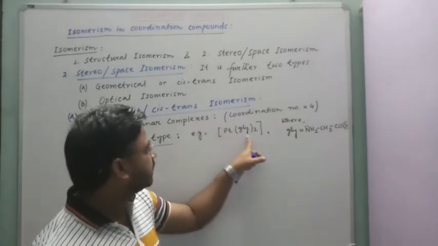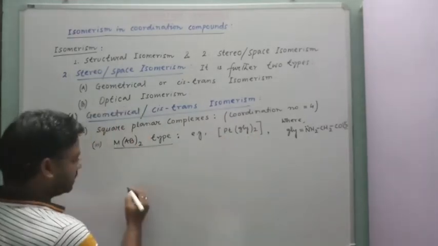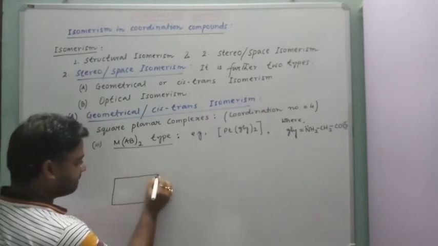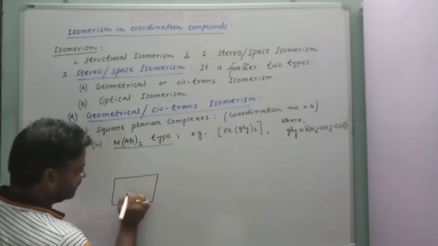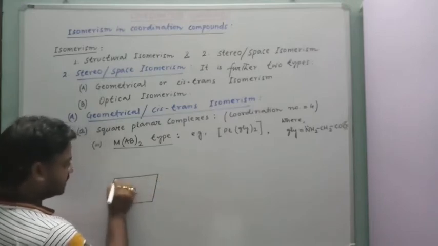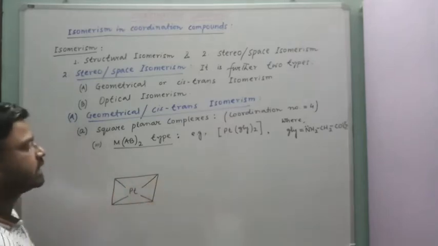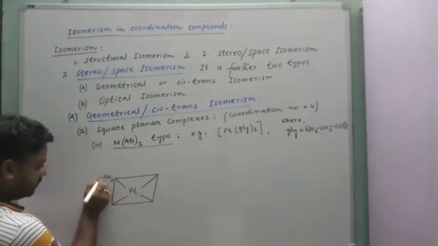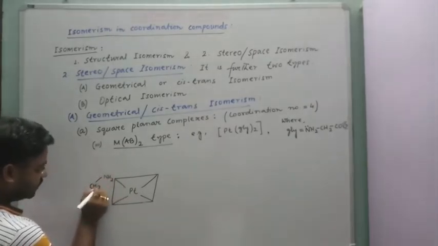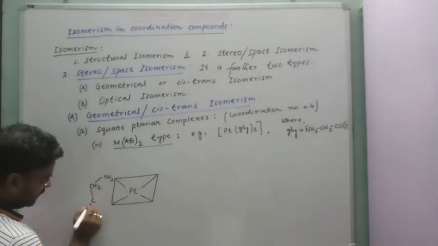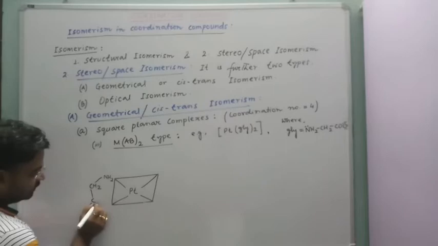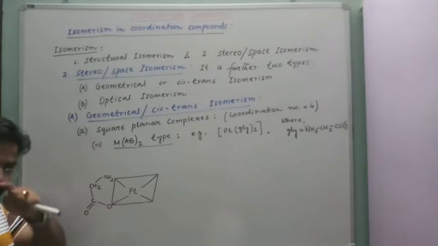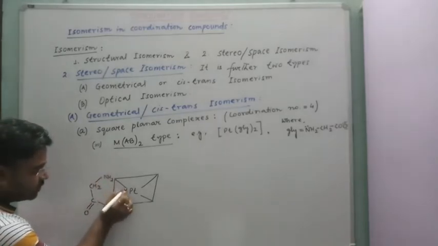So platinum glycinate 2, its structure is like this. The central atom platinum is attached to glycinate ion. So NH2CH2C double bond O, single bond O. NH2, its lone pair of electrons forms this coordinate bond.